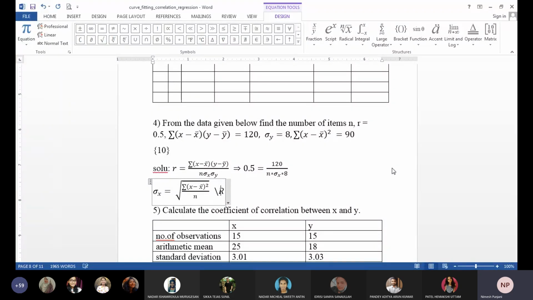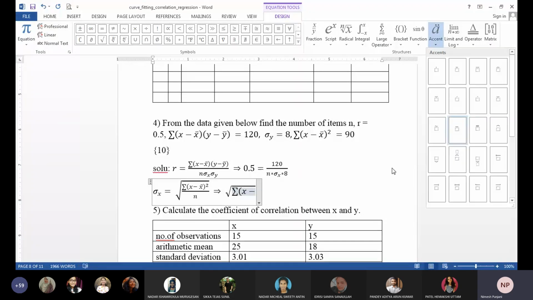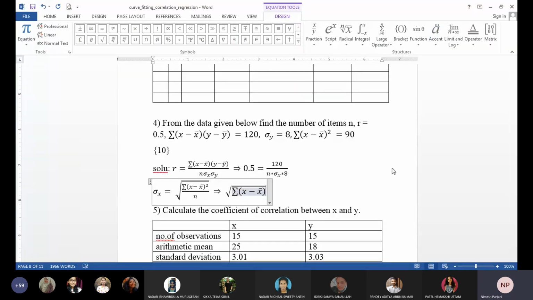That means the square root of summation (x minus x bar) can be written as sigma x into square root of n, or, okay, not like this.